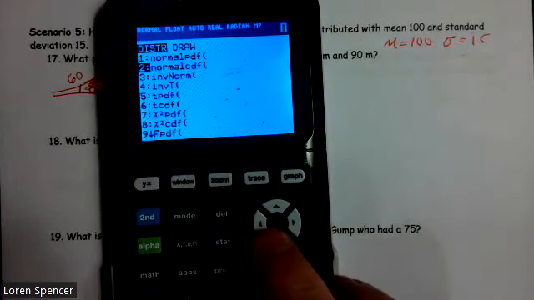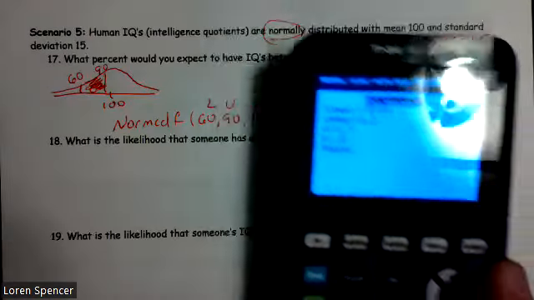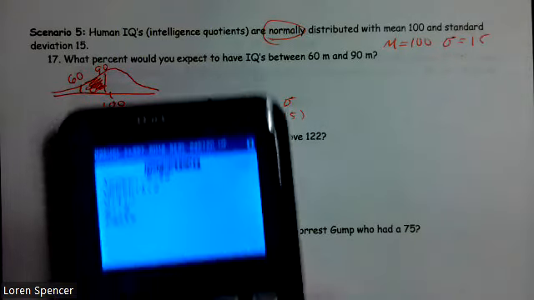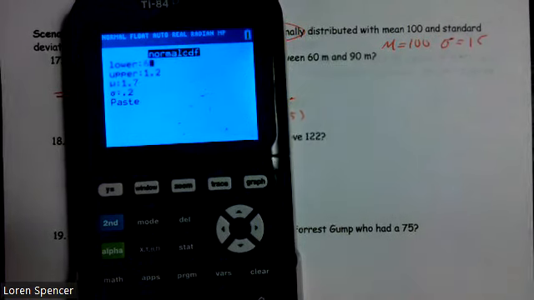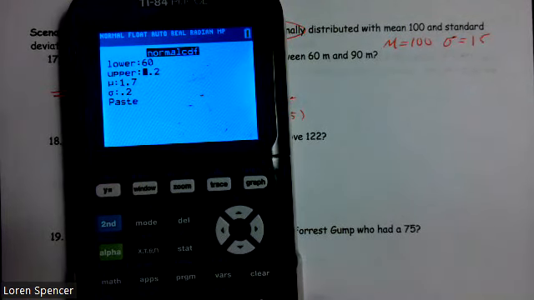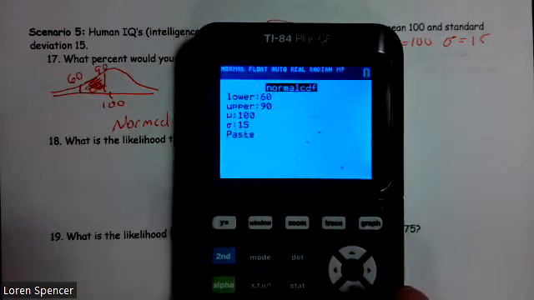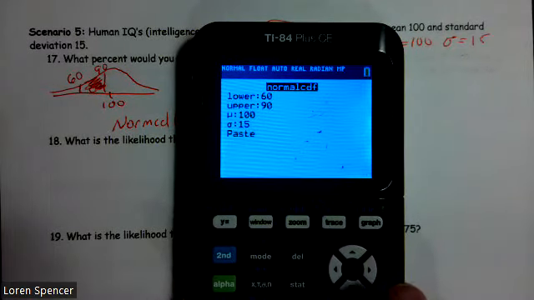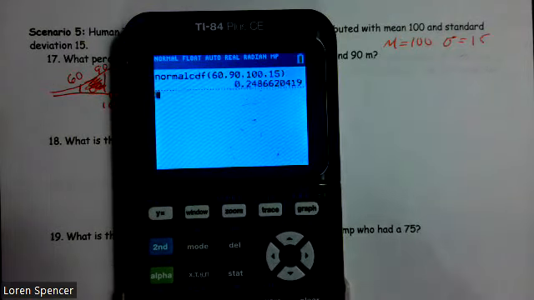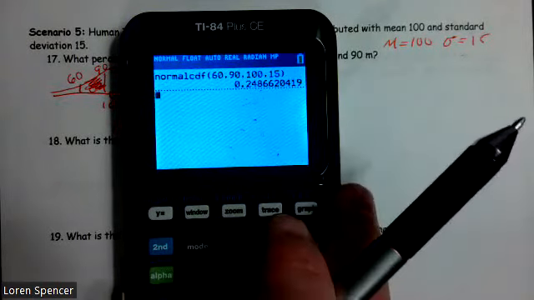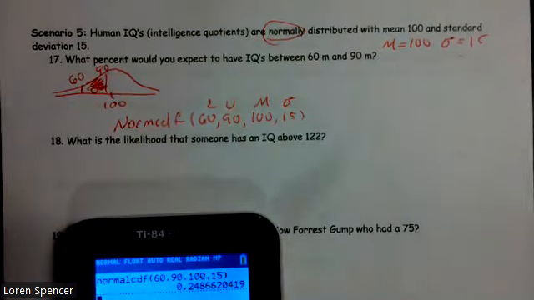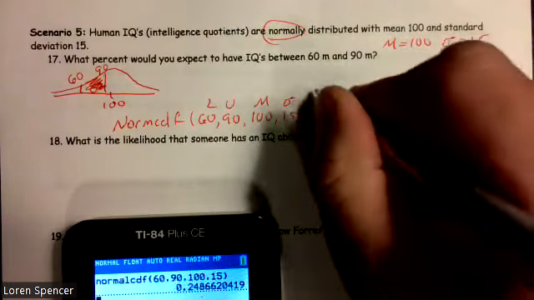Second vars, normal CDF is where we go to. And 60, 90, 100, 15. So 60 is my lower, 90 was my upper. My mean was 100, and my standard deviation was 15. And that matches up with what we have drawn. Let's enter, and we find out that that's about 25%. So 0.2486.